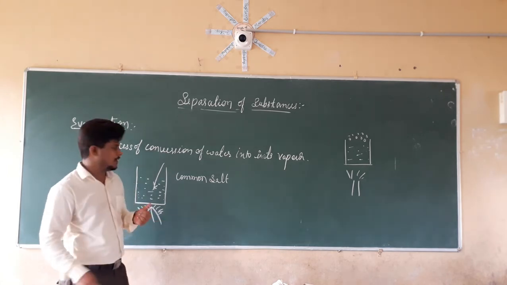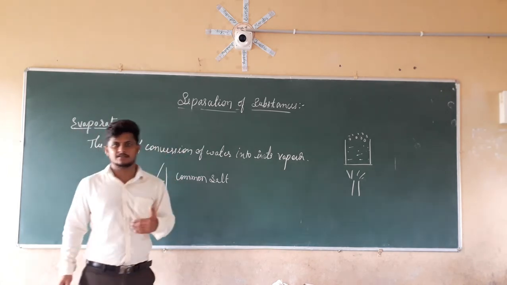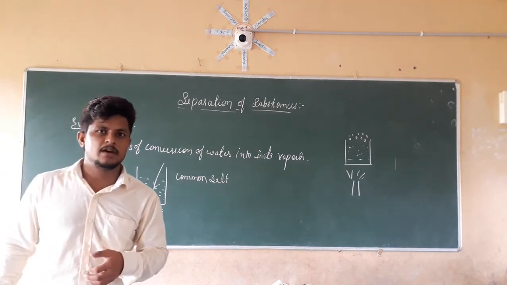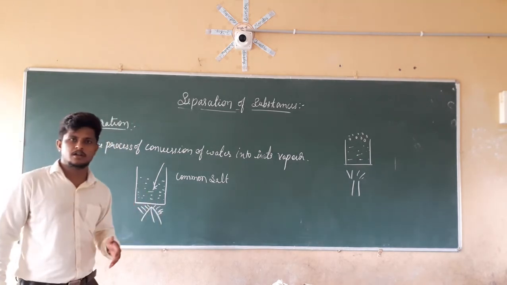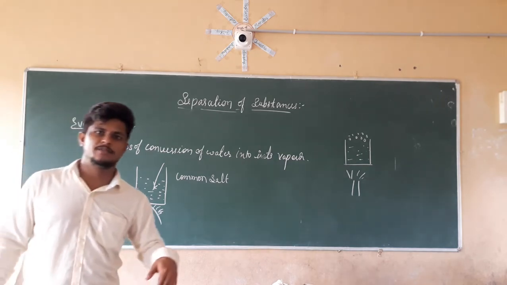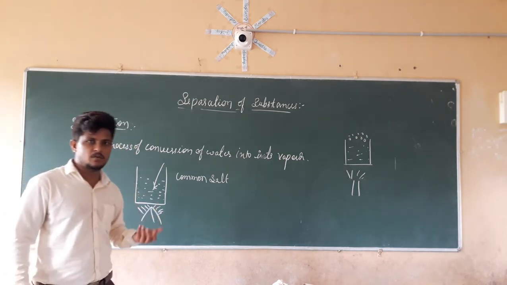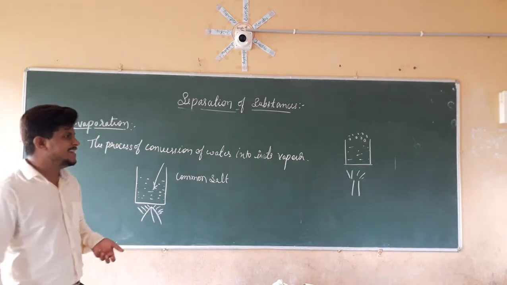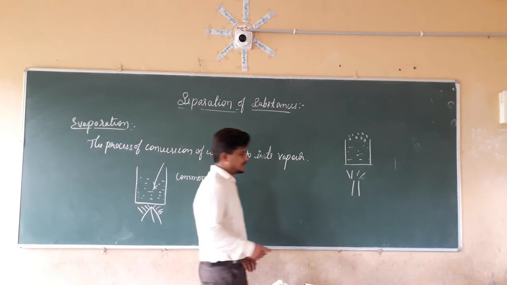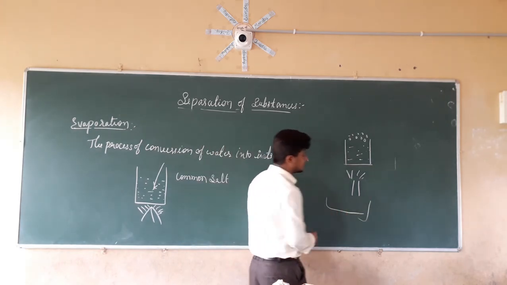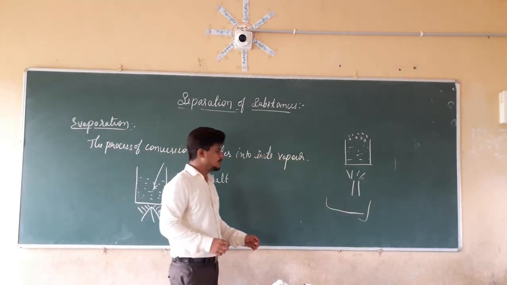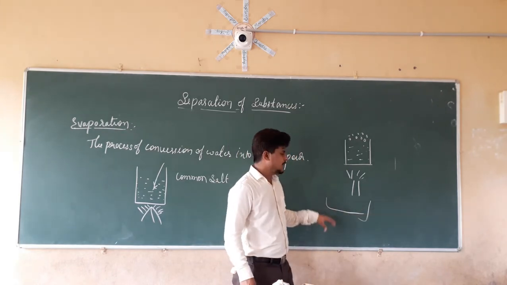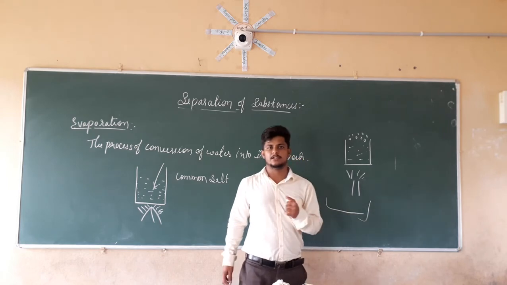In the same manner, this evaporation technique is used in the preparation of common salt. If you remember, from where are we going to get common salt? We are going to get common salt from the sea, since sea water is salt water which contains a large quantity of salt. At the seaside, we make some columns like this. In those columns, we collect some sea water. That sea water is exposed to the sunlight.